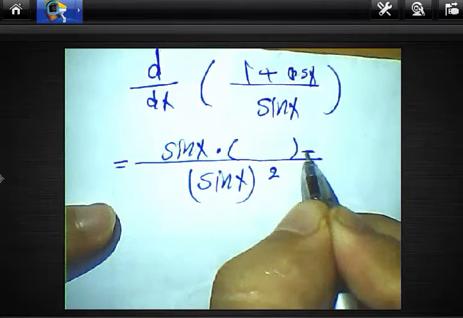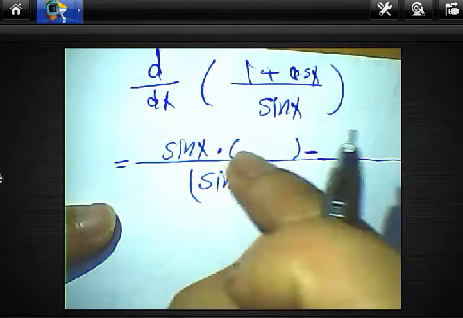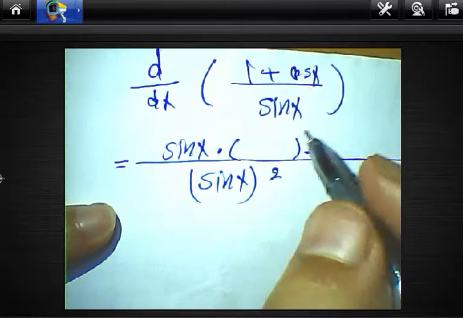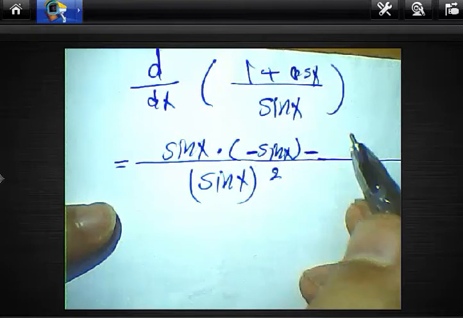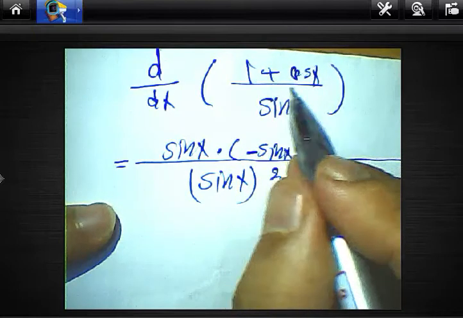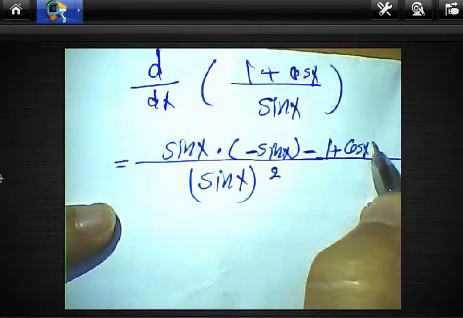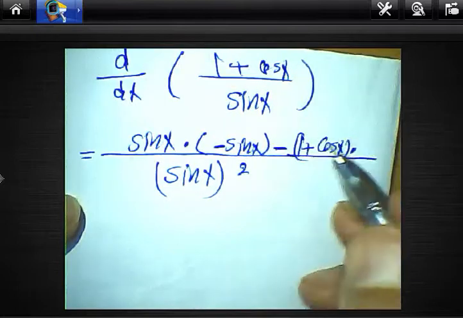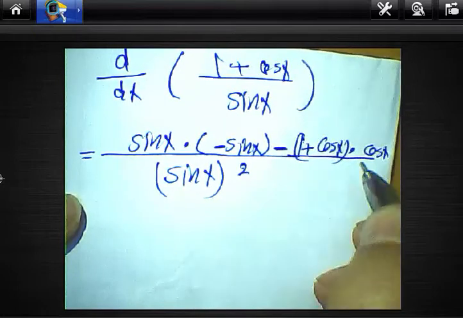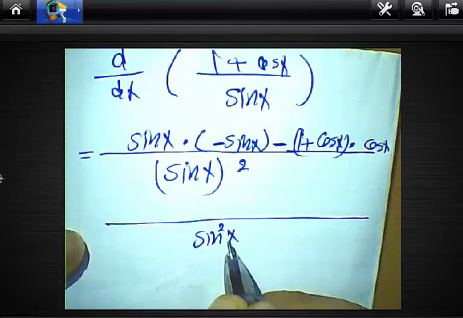First multiply and subtract. We can write down here multiply the derivative by numerator. The derivative by cosine will be negative sine of x. Subtract, we can write in here the top 1 plus cosine x multiplied by the derivative about the denominator here, sine x, which will be cosine x, and then we can write sine power 2 of x.